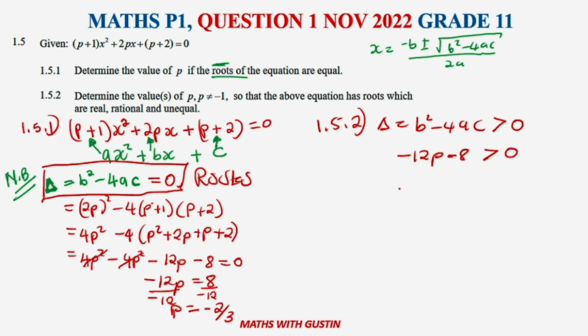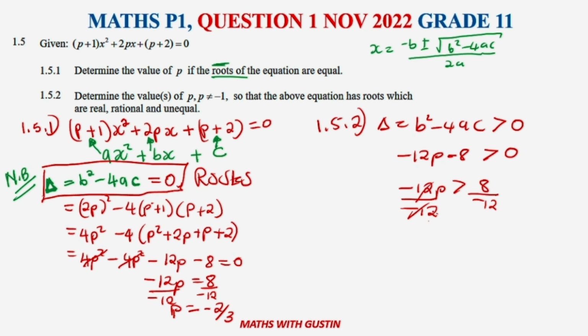So we're going to solve for p. Negative 12p, take 8 that side, divide by negative 12.